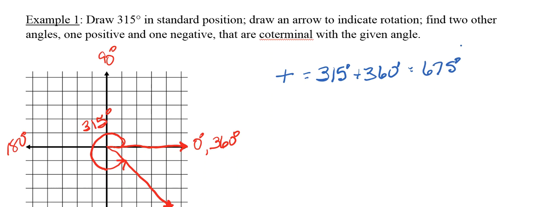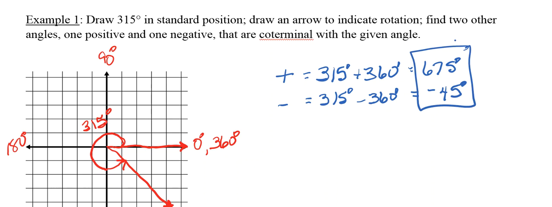I can do it again if they asked for more. A negative coterminal angle would be to take your angle and instead of adding, subtract 360. 315 minus 360 is negative 45. So these are two coterminal angles to 315, and again there are an infinite amount. You just keep adding 360 or subtracting 360.